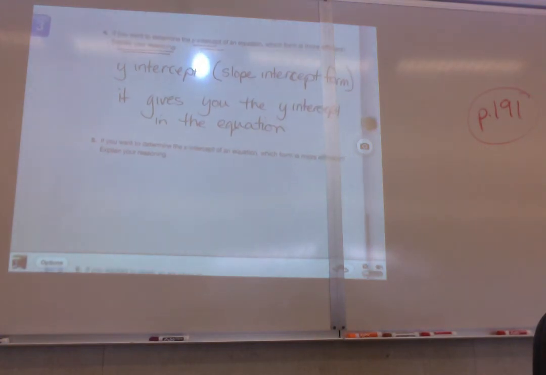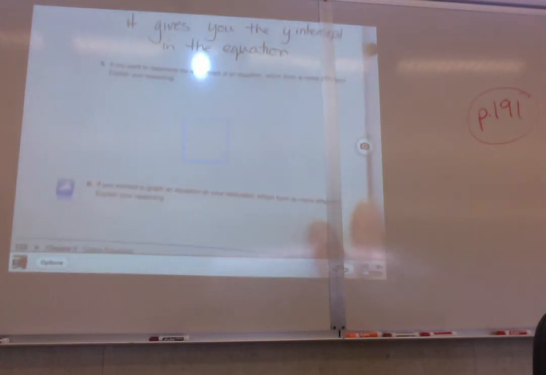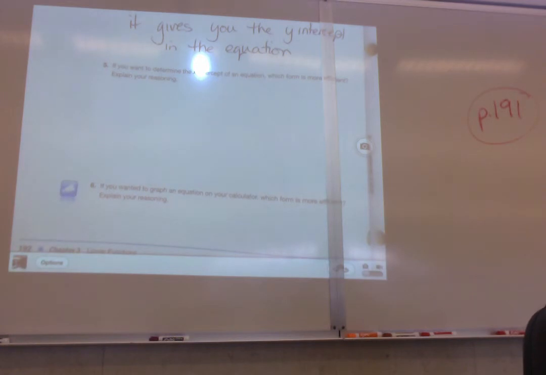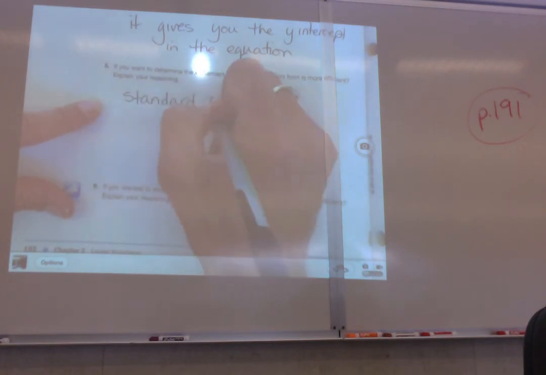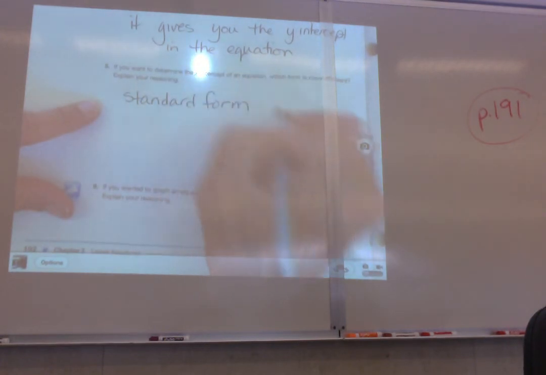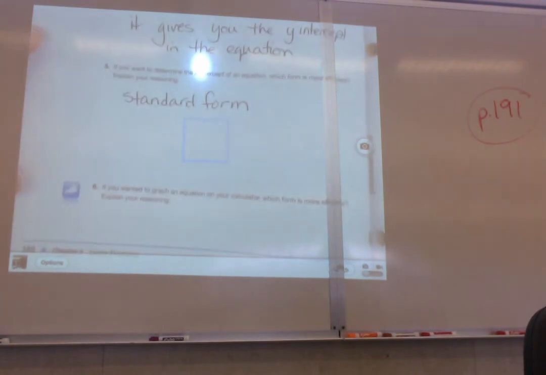Okay. How about the other intercept? What form have we been using? Standard. Standard form is easier. Why is that standard form easier? Why do you think? Because it gives you the x-intercept at the beginning of the equation.